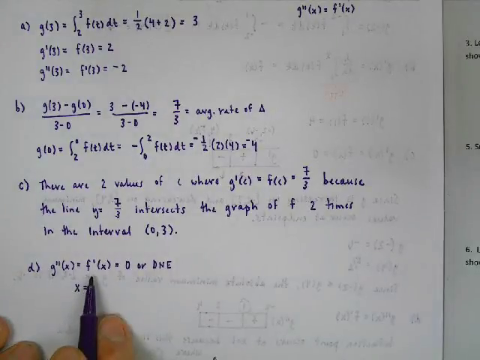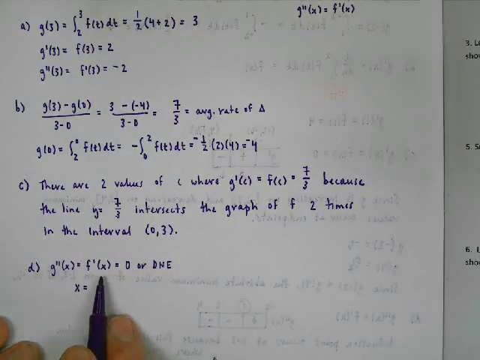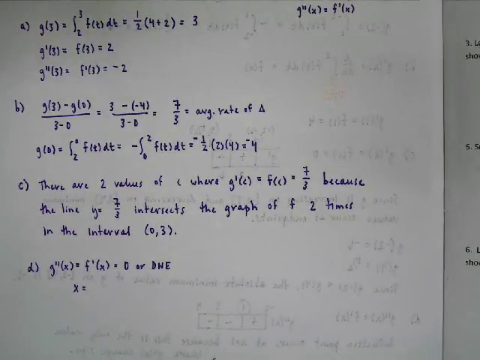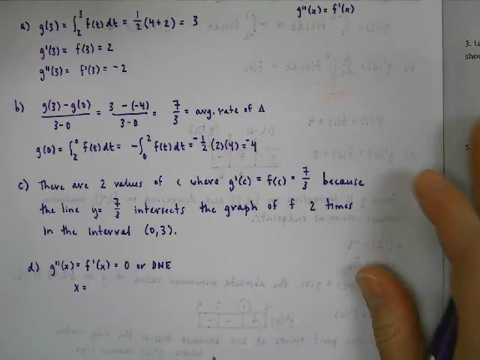So essentially what this means is on my graph of f, I'm looking for places where the slope is 0 or it doesn't exist, so it's not differentiable, maybe due to a corner or vertical tangent. All of those issues could cause that derivative to not exist.